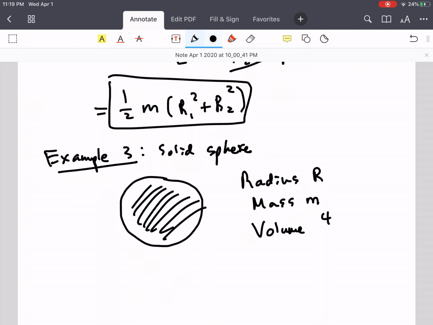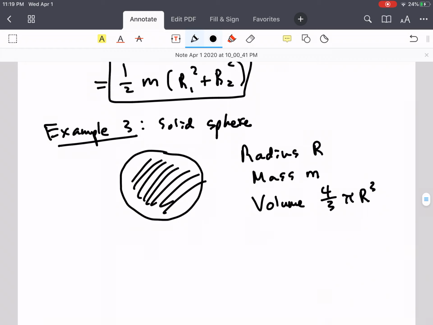The volume is 4/3 pi R cubed. That one I am not going to derive, though you can actually do it with the same bit of physics that we're about to do. That's a formula hopefully you already knew. All right, so we know all of this. First off, that means that the density is mass divided by volume, so that's just 3m over 4 pi R cubed.